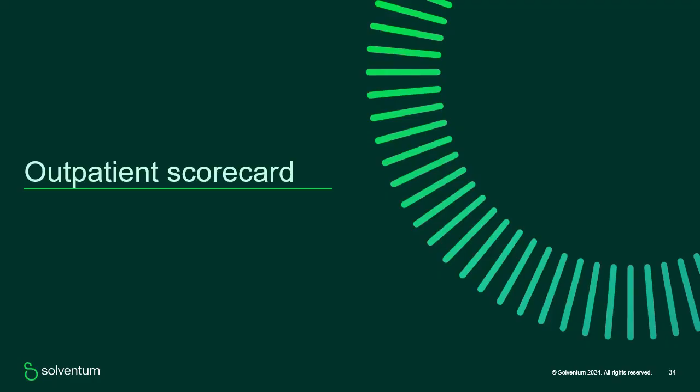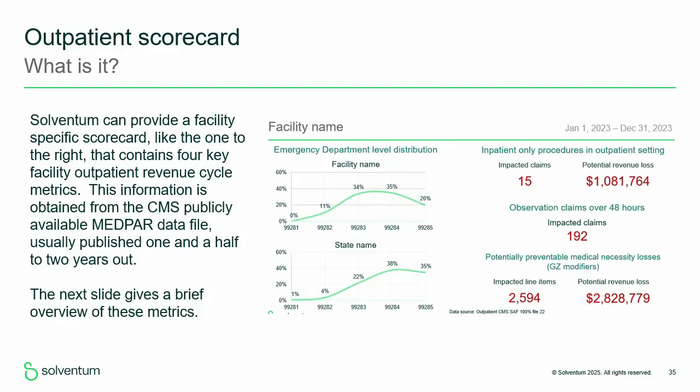I'd like to take a few minutes and talk about the outpatient scorecard that we've developed for our customers. Let's talk about the outpatient scorecard. For those of you that have been involved with Solventum for inpatient projects, you're probably familiar with our inpatient scorecard. If you are, our outpatient scorecard is akin to that. What we do is we provide a facility with a specific scorecard like the one you see on screen here.